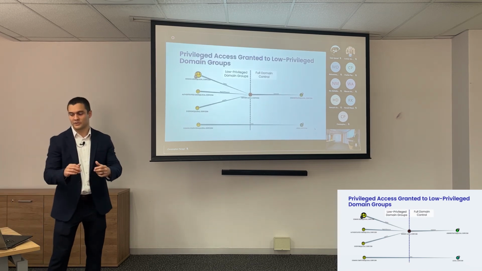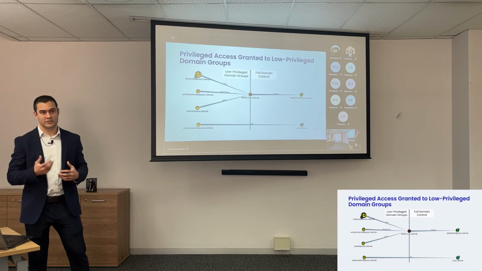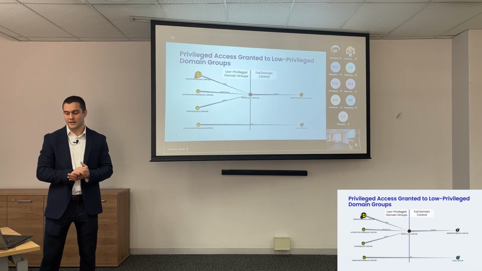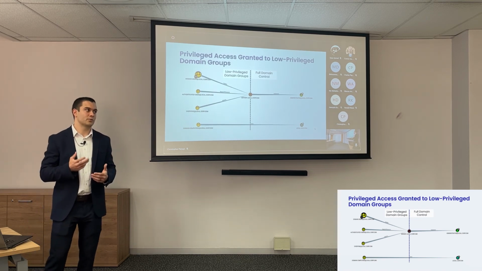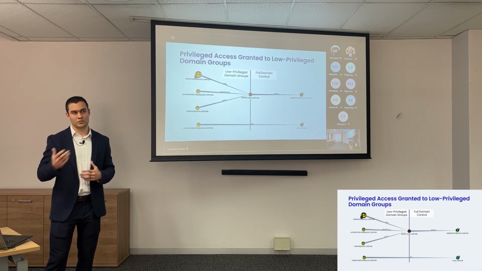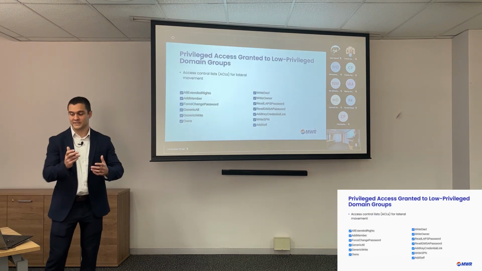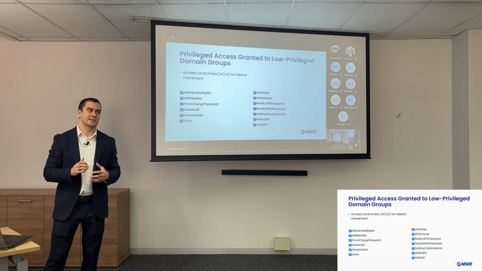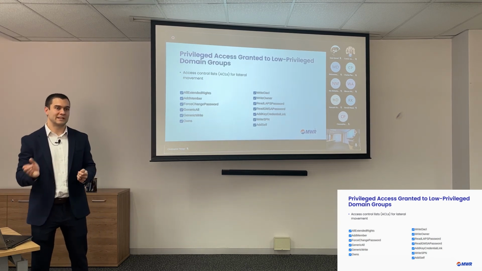We've seen a number of privilege rights granted to low privilege domain groups that have allowed credential shuffling attacks to succeed. In some instances, we have even seen where a low privilege group was granted ownership rights over the domain object. So this is full control over the domain. Access control lists are another way attackers can exploit privileges granted to low privilege groups to laterally move.